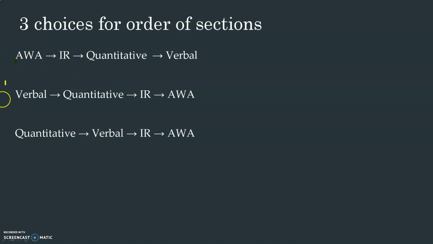So the online test that is being offered has only one order available. It's strictly quant, verbal and IR. There is no AWA in the online GMAT available at home, right? But that is a temporary provision. I think it's available only till August. They will reassess the COVID situation and then decide how long to continue with the online GMAT.